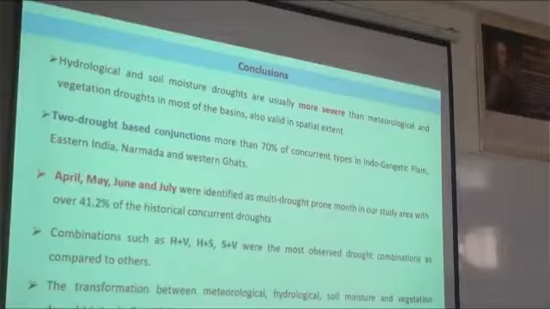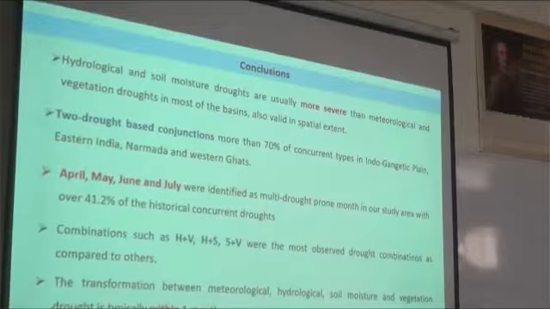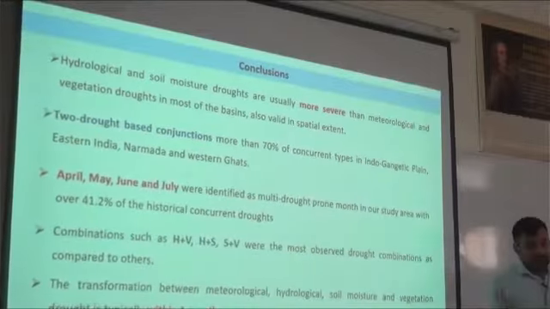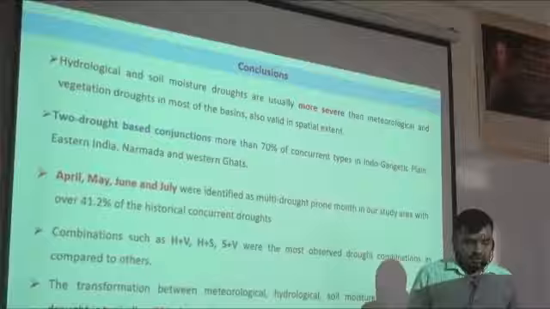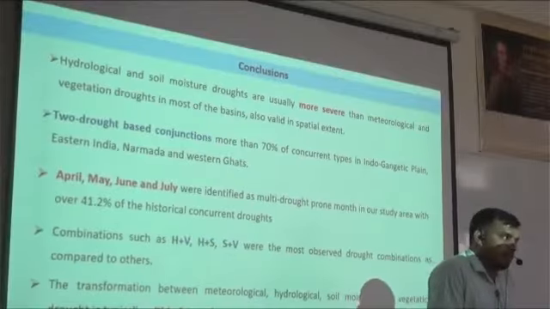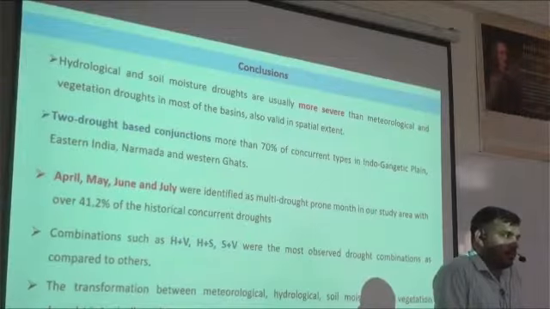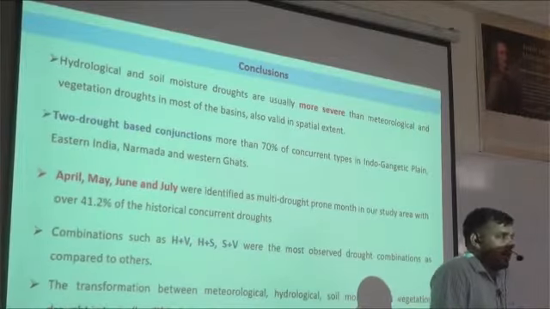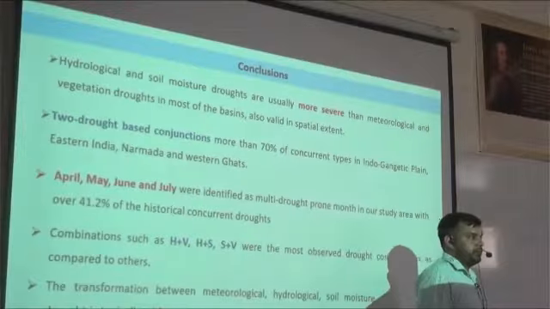You are suggesting something based on the drought duration, something based on drought severity, but can you say that these two things are separate from each other? Drought duration and drought severity are interrelated, or they are separate?